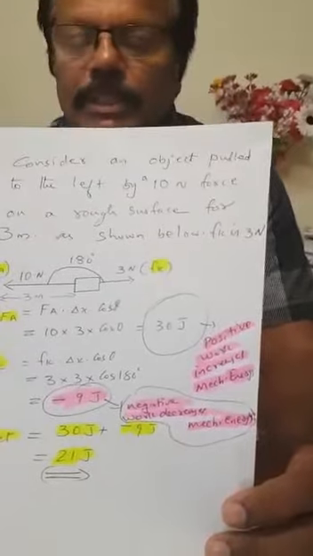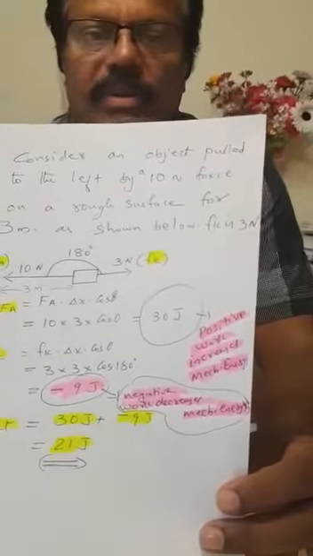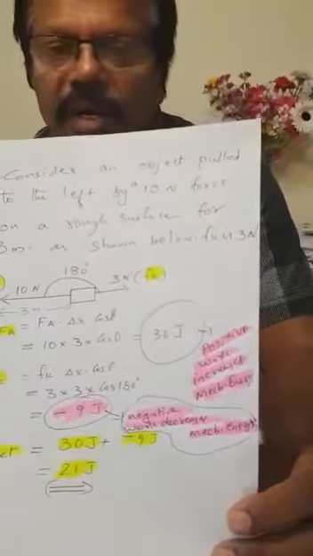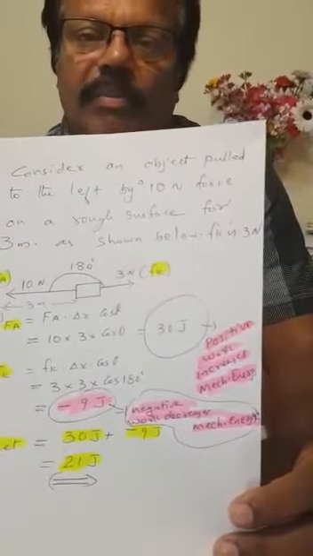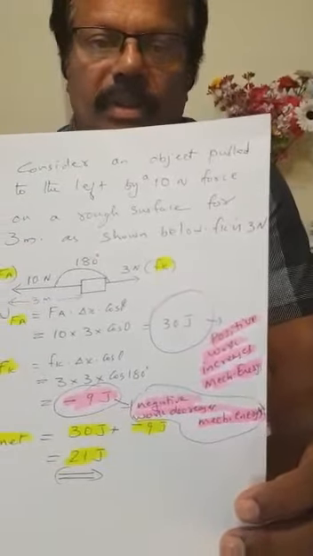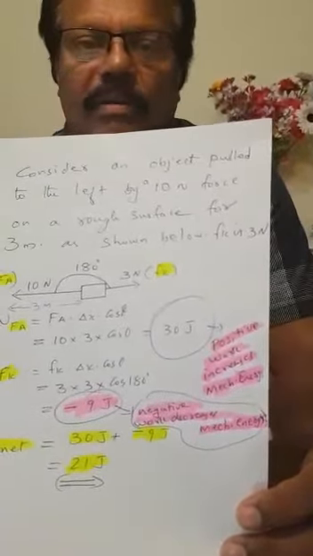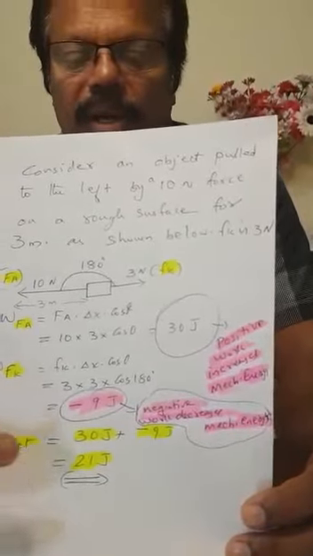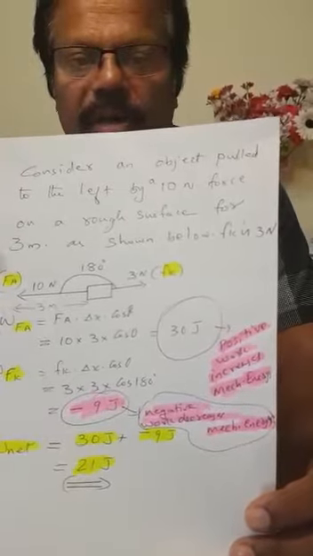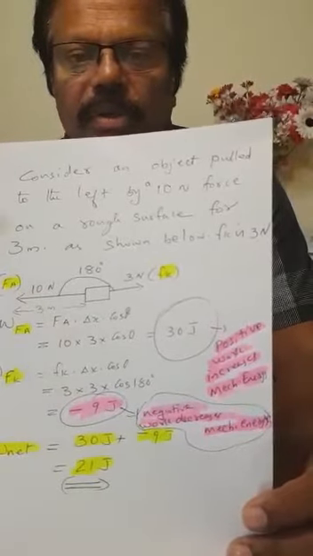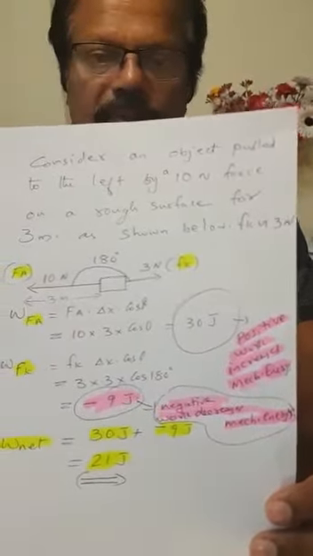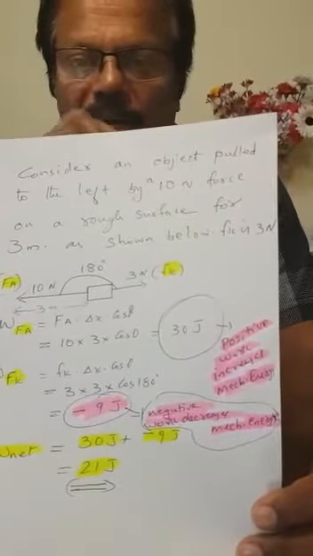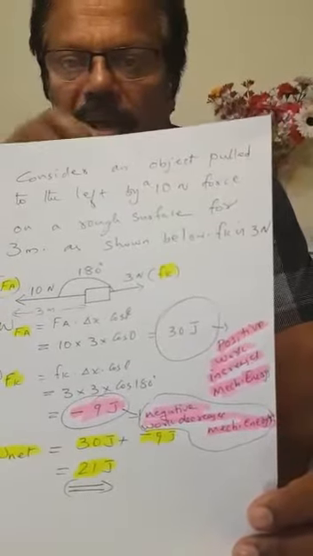Actually, friction is a dissipative force which takes out the energy from the object or the system to the surroundings in the form of heat energy or sound energy, etc. Therefore, the net work done is 30 plus negative 9, which is 21 joules. I hope you understood what is meant by negative work.